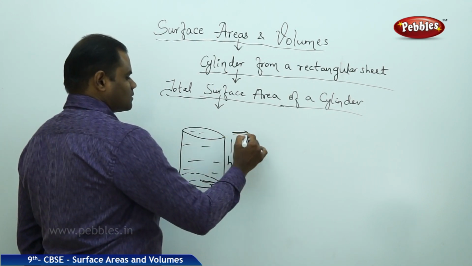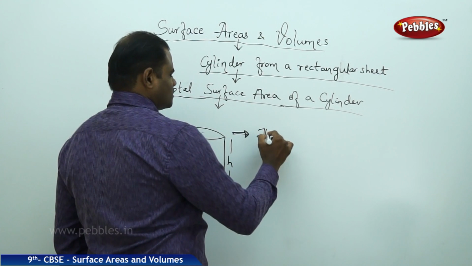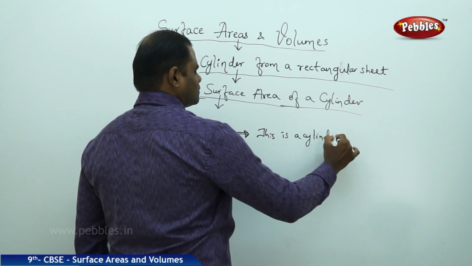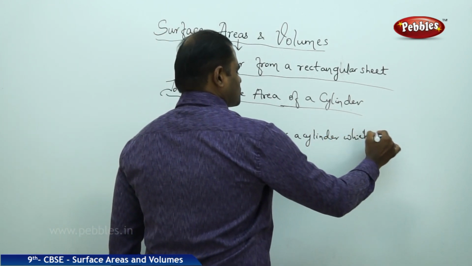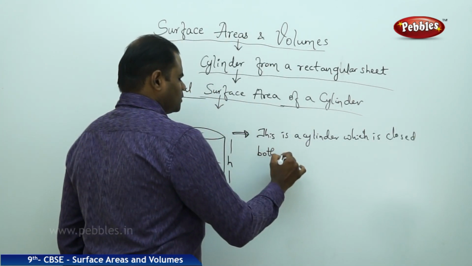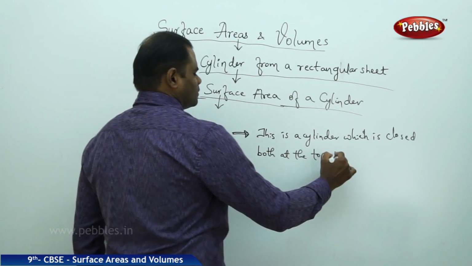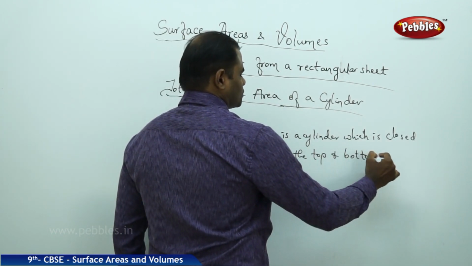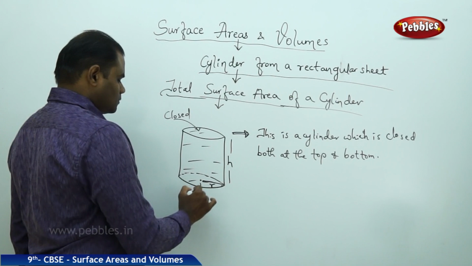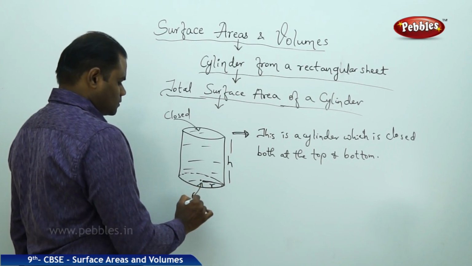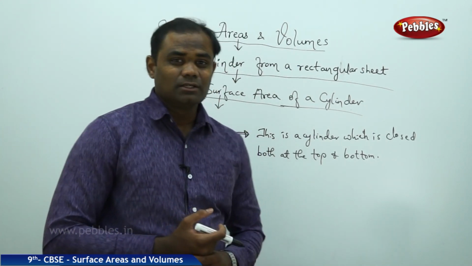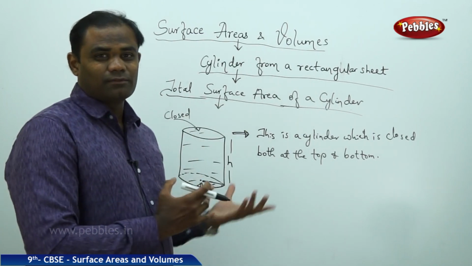So this is a closed cylinder, which is closed both at the top and bottom. So a cylinder which is closed on the top and bottom. Let's see what could be the surface area of this kind of cylinder.